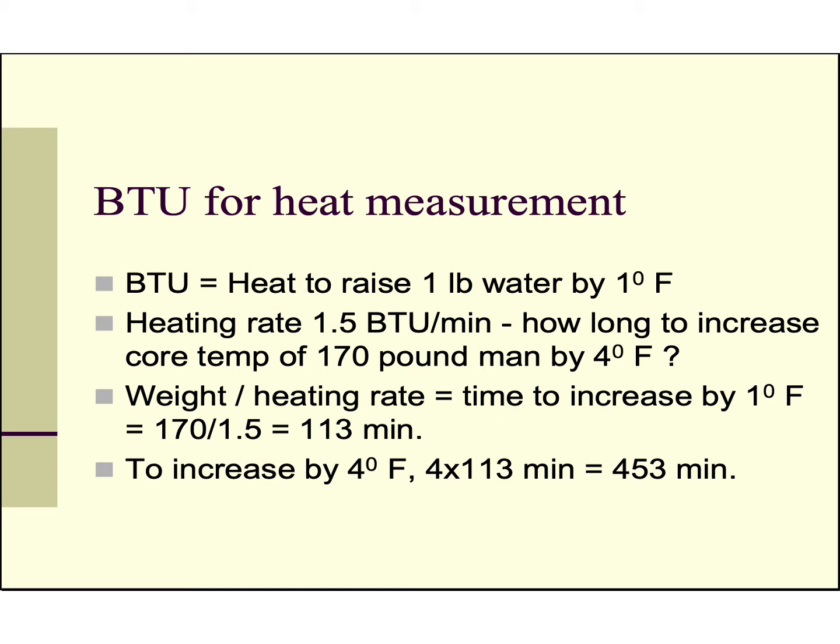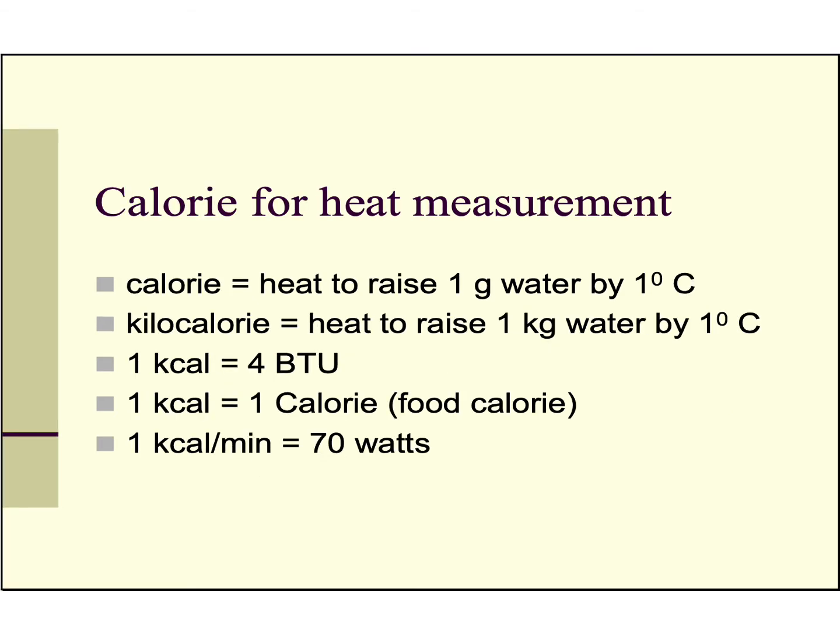To increase by 4 degrees Fahrenheit, simply multiply that amount by 4, 453 minutes. Calorie, the metric system unit, is defined as the heat necessary to raise 1 gram of water by 1 degree centigrade, and a kilocalorie, 1,000 calories, is the heat to raise 1 kilogram of water by 1 degree C. 1 kilocalorie equals 4 BTU, and confusingly, 1 kilocalorie is also equal to 1 large calorie, or calorie with a capital C, which is our food calorie.